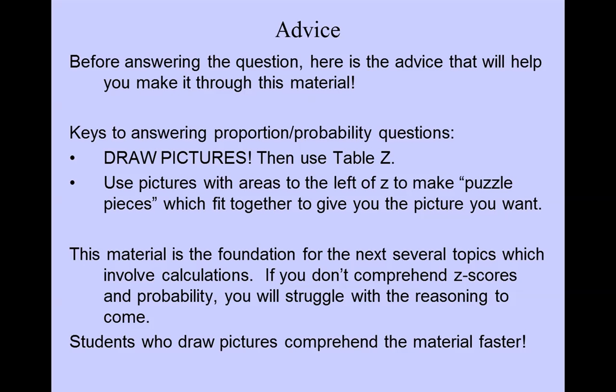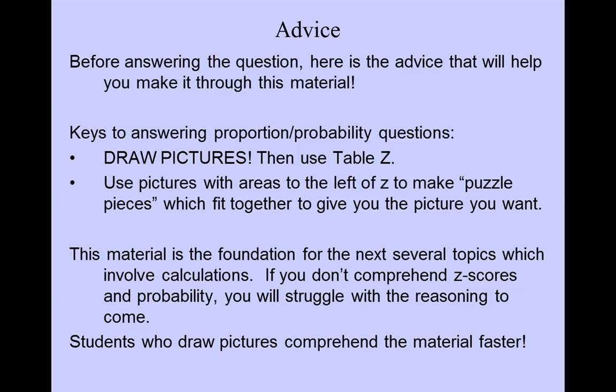Before answering the question, here's some advice that may help you make it through this material. Keys to answering proportion or probability questions. First, draw pictures. Only then use Table Z. Use pictures with areas to the left of z to make puzzle pieces which fit together to give you the picture that you want.